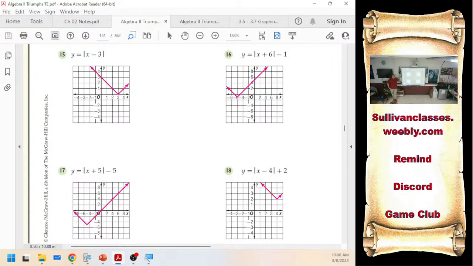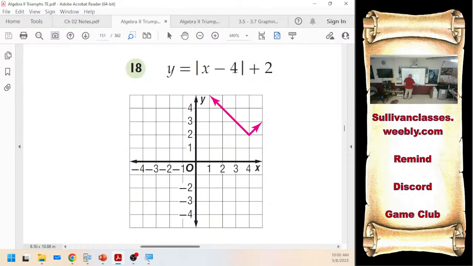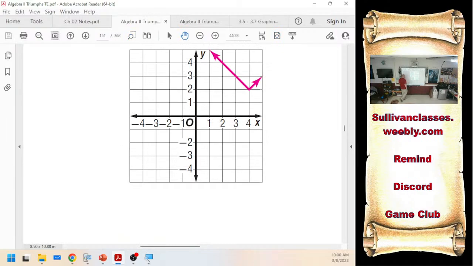Okay, 15 through 18. I know we say V's and these look more like check marks, but that's just because that's the only part of the graph you can see. If you were to extend the graph, you're going to see the entirety of that V. If I gave you this without an equation, would you be able to write the equation?